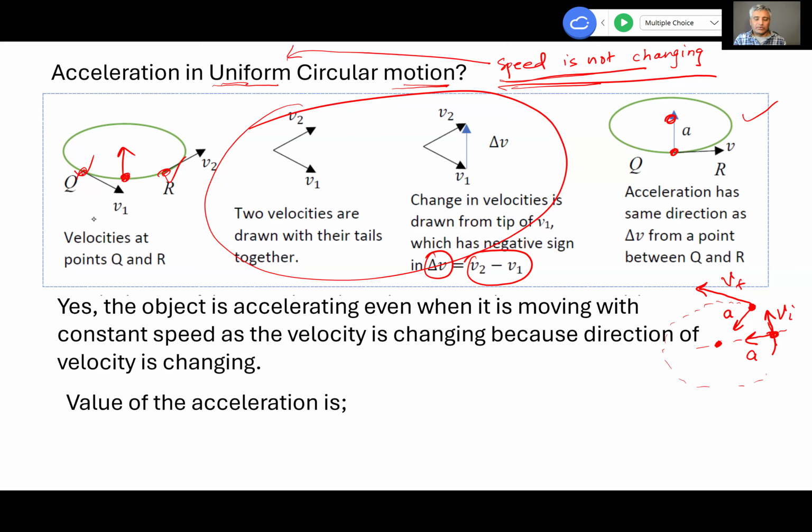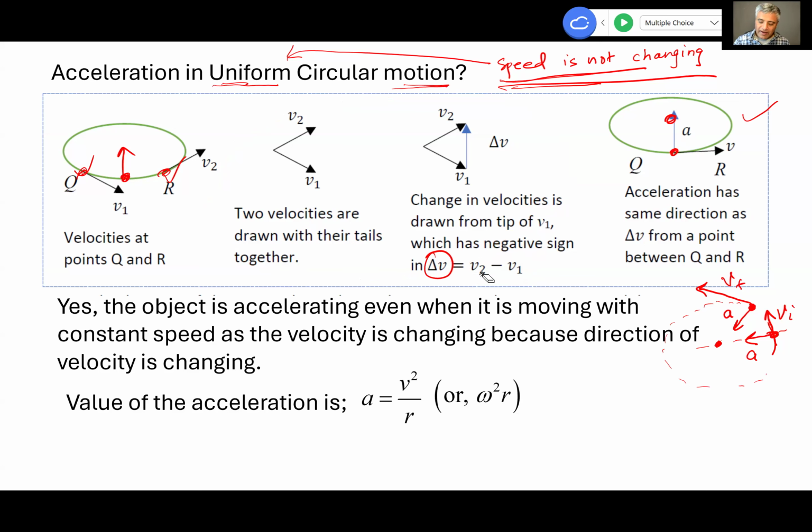So velocity could be changing. What's the direction when that thing is at a certain point? Or let's say, what's the average acceleration going from this point to that point? To find that, you can use the same method. No matter whether the speed is changing or not, the beauty of this method is you can use the same method, same steps. And so that's the direction. How about the value of the acceleration?